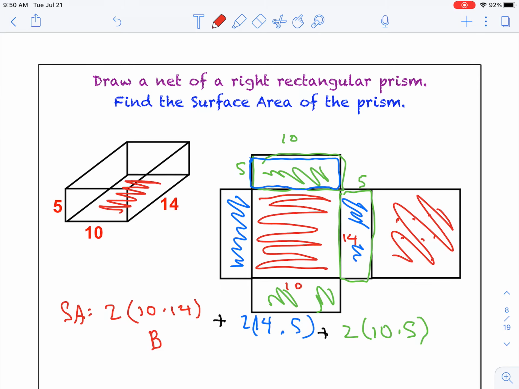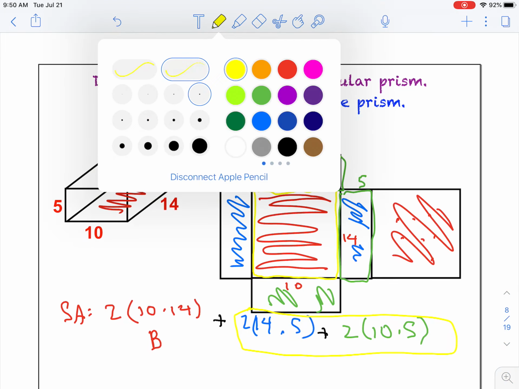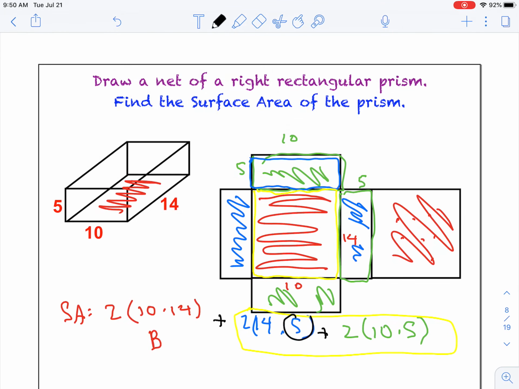What you might not notice at first is if you look at this right here, and you look at this right here, we can actually factor out a 5. There's a 5 as a factor here, and a 5 as a factor here.